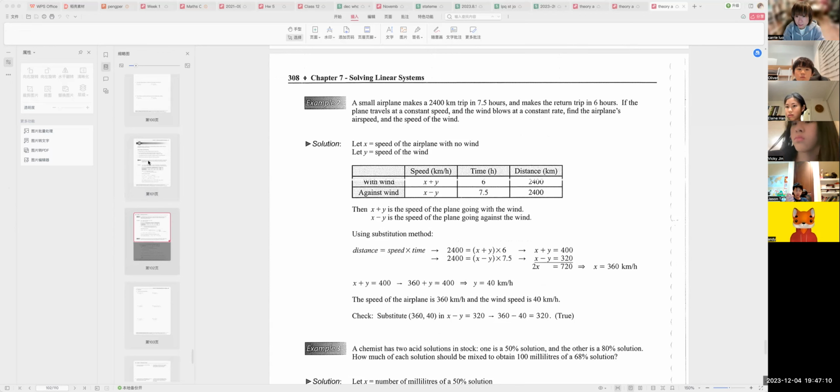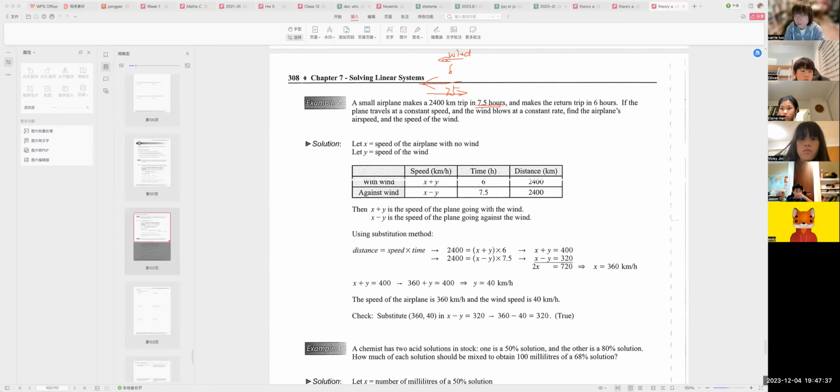The plane travels at a constant speed, that means the speed of the plane is not changed, and the wind blows at a constant rate. My question is, why does the plane need 7.5 hours, but when it goes back, it only takes 6 hours? What is the reason? Wind. The wind, yes, okay. And tailwind.